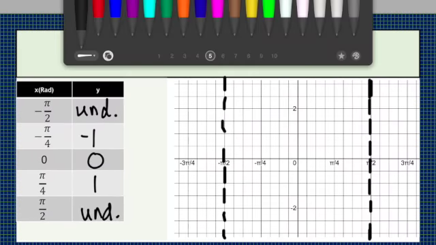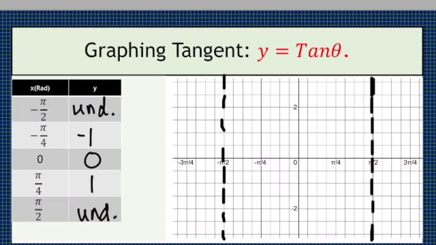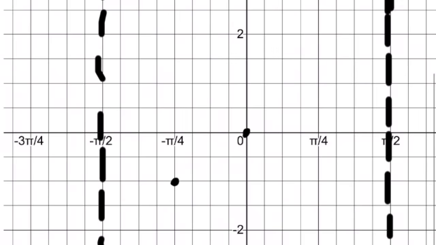Now we're going to plot our points at pi over 4, 0, and negative pi over 4. So at negative pi over 4, we get the value of negative 1. At 0, we get 0. And then at pi over 4, we get 1. So it's really just that easy.